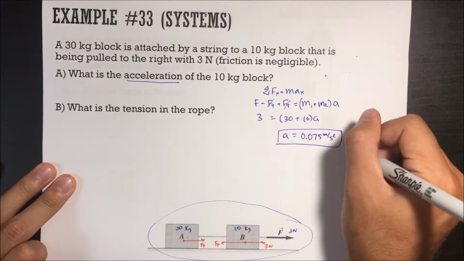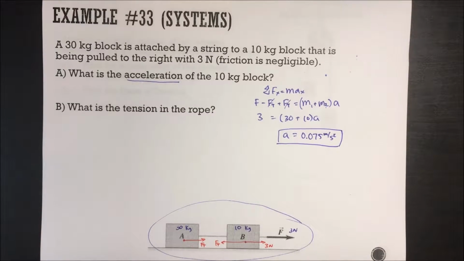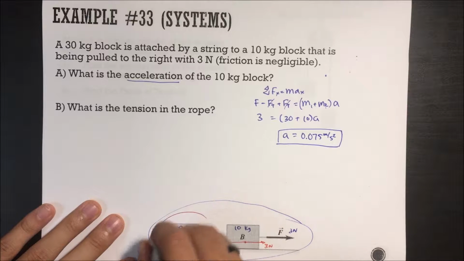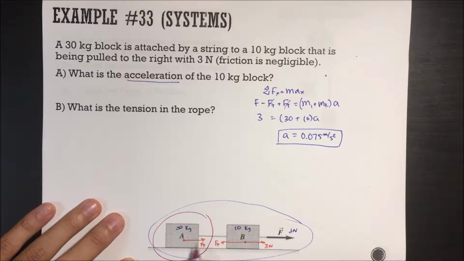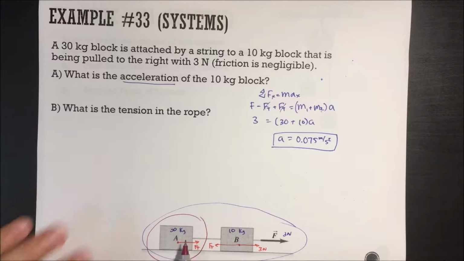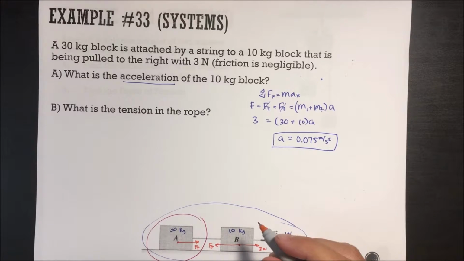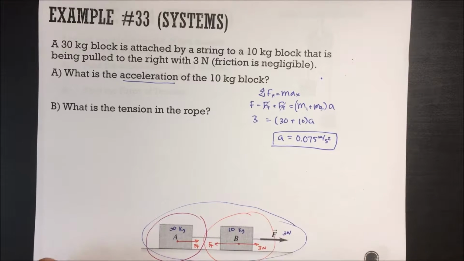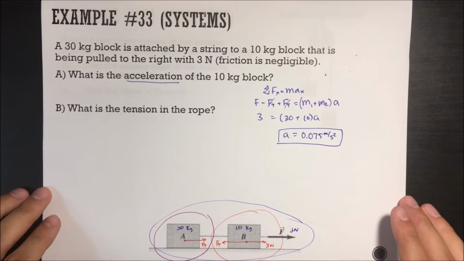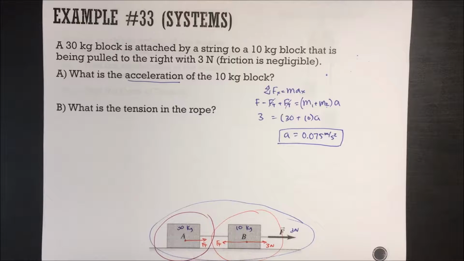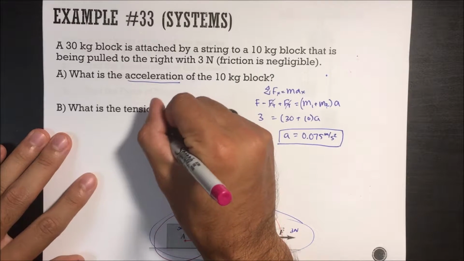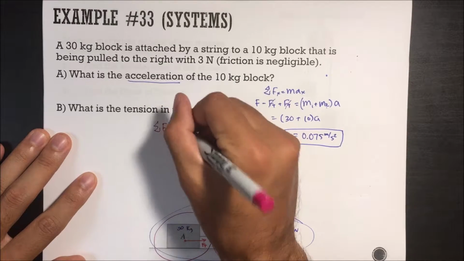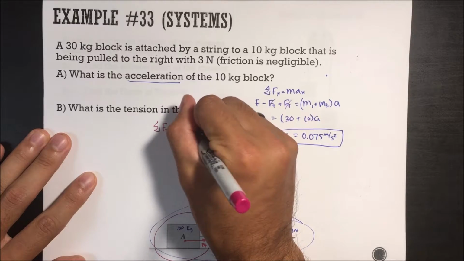The next question is, what is the tension in the rope? When you're looking for tension in these system problems, what you want to do is look at one part of the system, either this one or this one here. I guess I'll just do both for this first example. But let's look at this purple one. Sum of all forces in the x equals mass times acceleration in the x.